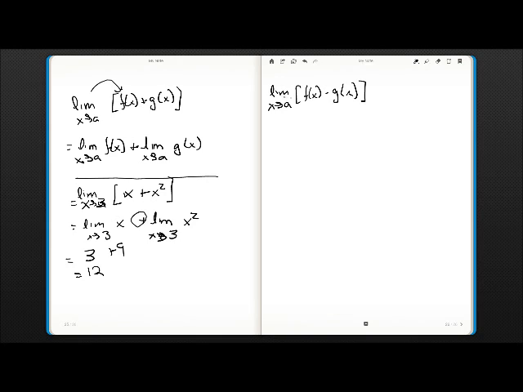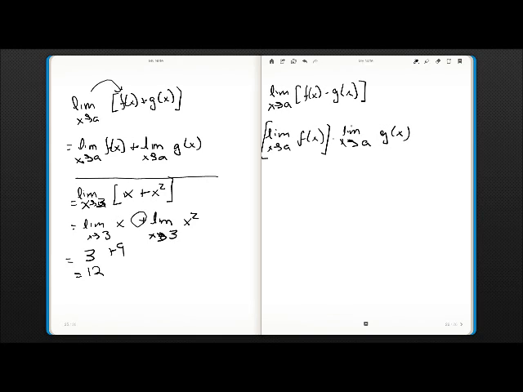When you're putting the limit sign in, you just multiply the two: the limit as x approaches a of f of x, split up, times the limit as x approaches a of g of x.